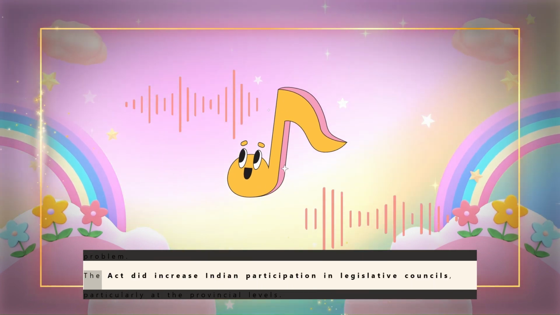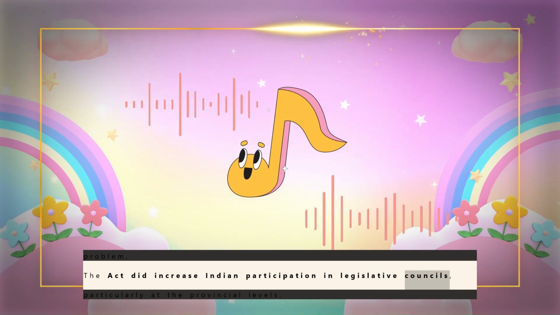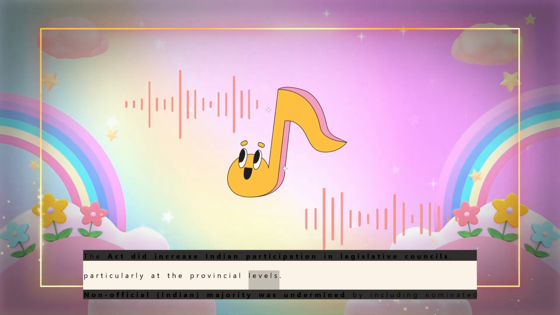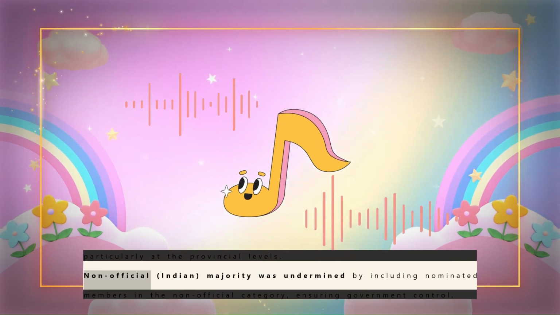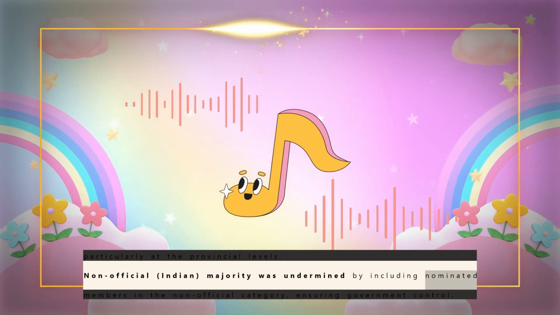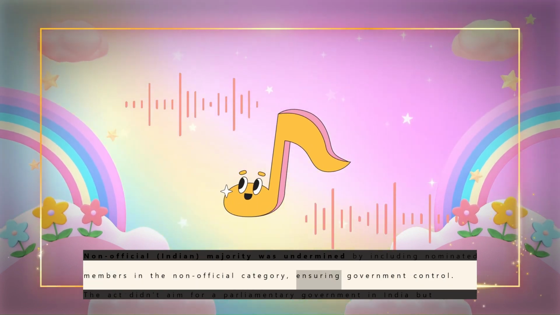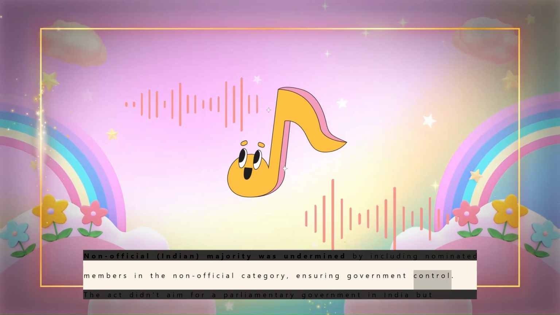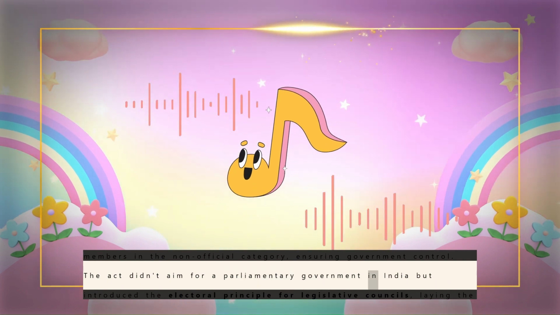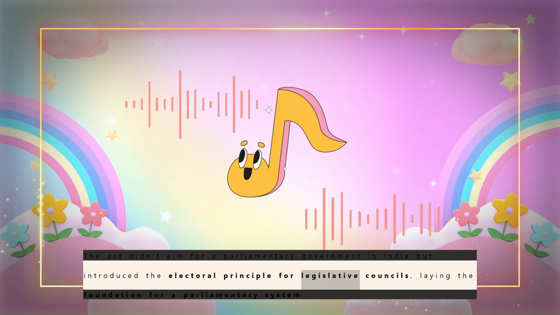Criticism of the Act. The 1909 Act failed to provide a political solution to the Indian problem. The Act did increase Indian participation in legislative councils, particularly at the provincial level. The non-official, Indian, majority was undermined by including nominated members in the non-official category, ensuring government control.